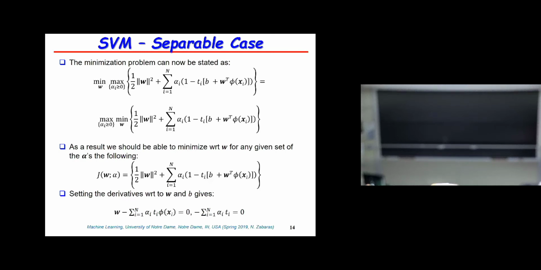If you take derivatives with respect to w equal to 0, you're going to get a w from this term, and from this term you will get alpha_n times t_n times phi of x_n. So you get this equation. And if you take derivatives with respect to b, you will get the sum of alpha_n times t_n equal to 0.